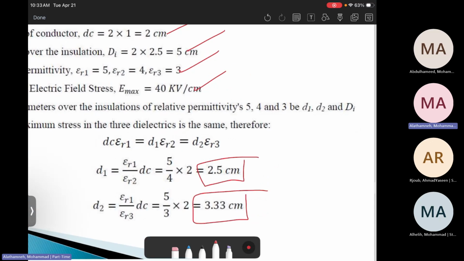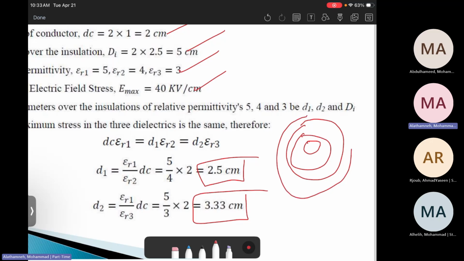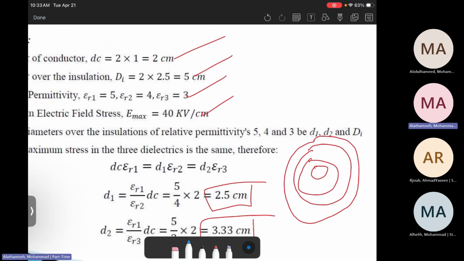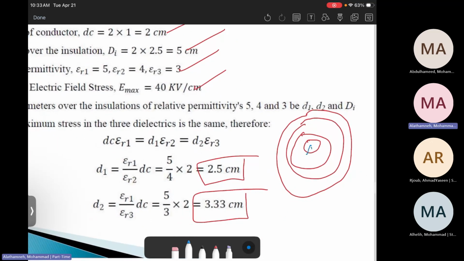So as a result, regarding the radius, here is the conductor, here is the first layer, second layer, and third layer. The conductor radius is given as 1 centimeter. The second radius, here we calculated 2.125 because this is the diameter.